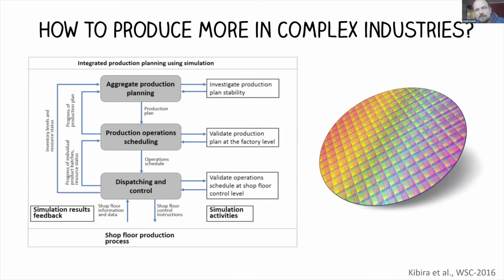For instance, in semiconductor, just to work out this idea a bit better, usually there are different levels of planning. There's long-term scheduling where they basically plan their orders and products and ramp ups. Then they have something which is closer to operations, which they call production operations scheduling. And on a very short time range, they actually do the tool dispatching where they assign specific work items to specific tools.